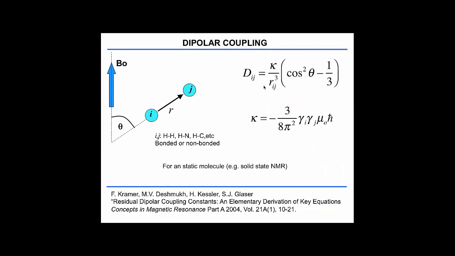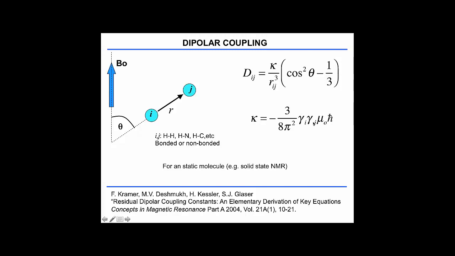So if we go back, we've already seen this slide. So the dipolar coupling, as it is normally in solid state for a static molecule, we already saw, depends on this constant kappa. The constant depends also on the distance.